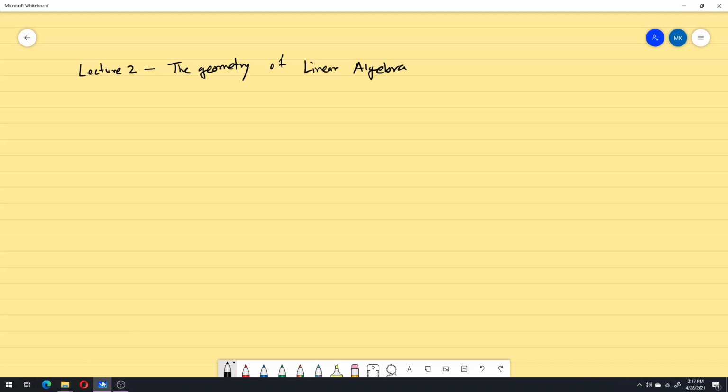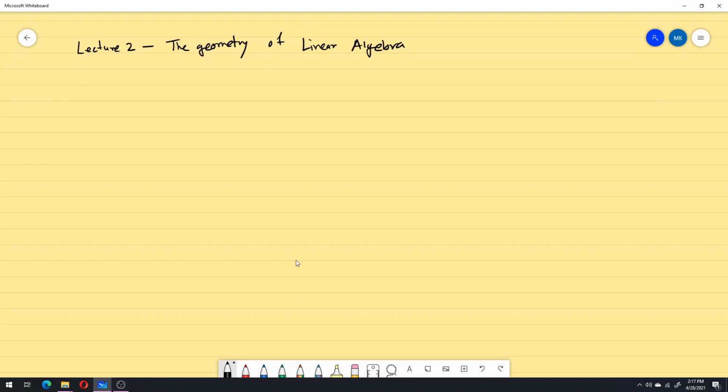So, for example, take two equations of a single linear system. Suppose this is one and this is the other one of them.